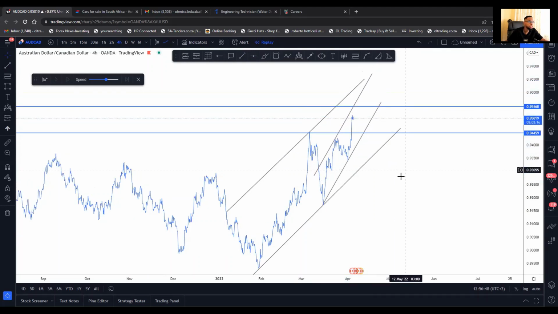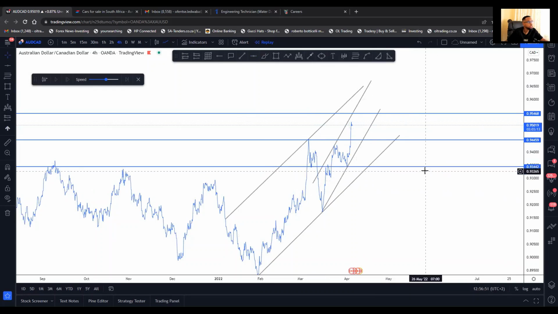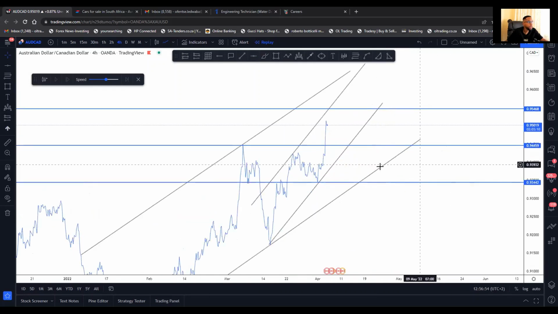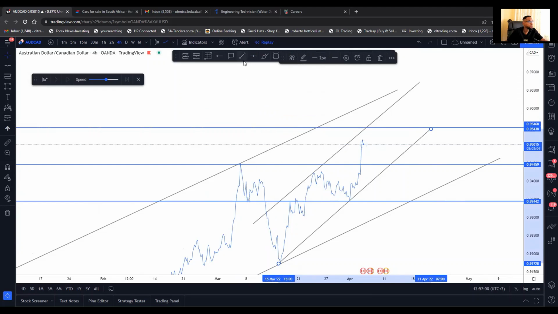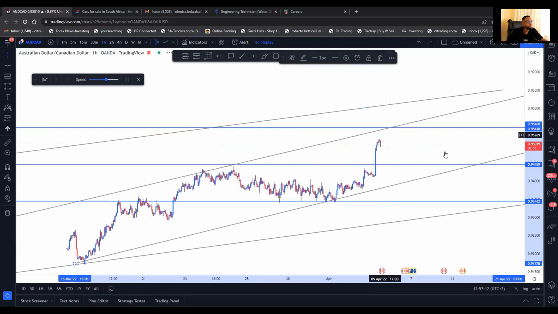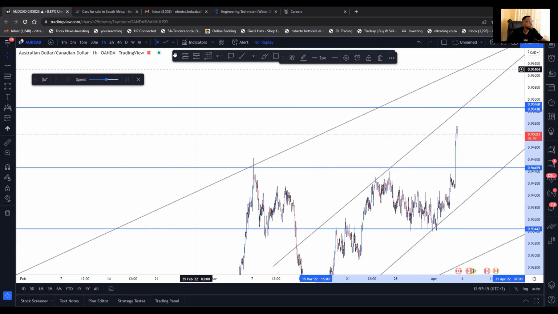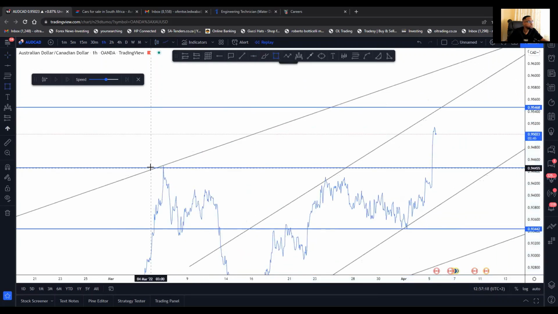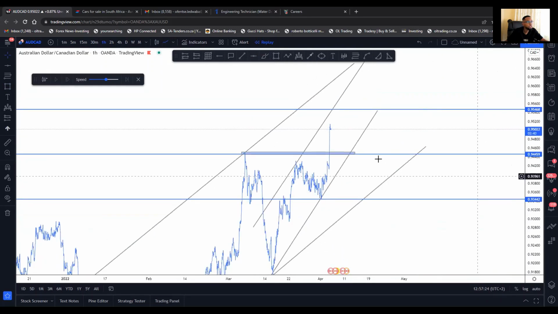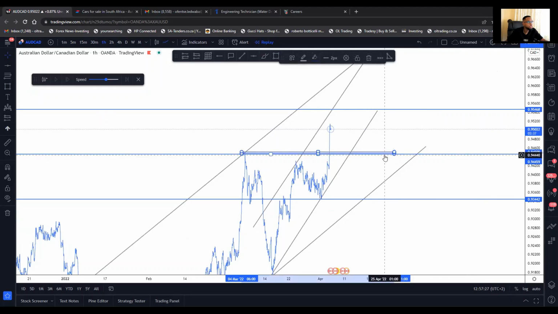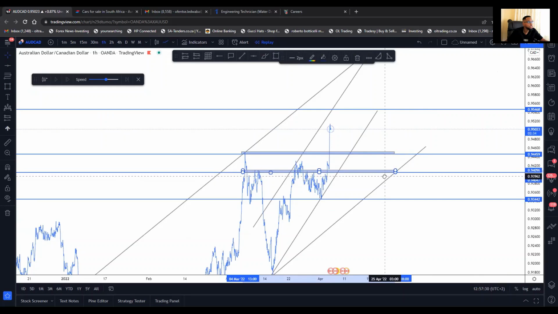I can see this was the internal trend one as well. Don't need to draw a lot of lines because I don't want my chart to be dirty. I know this point. This level here.